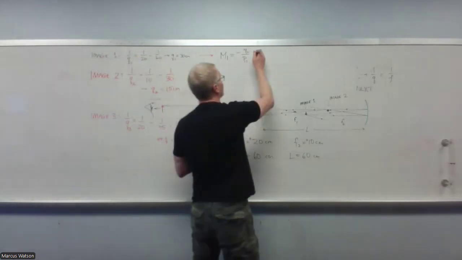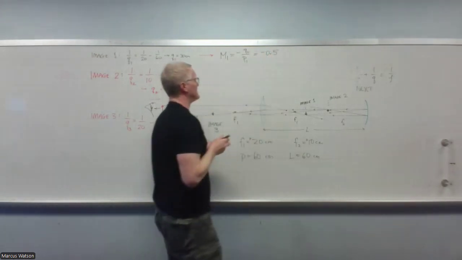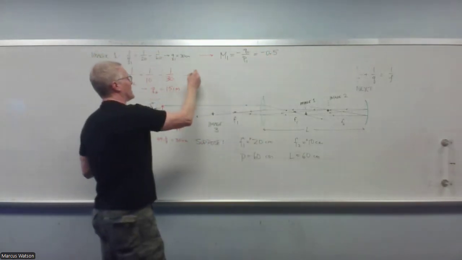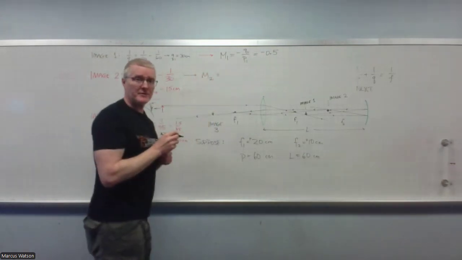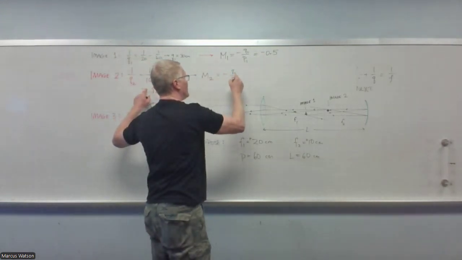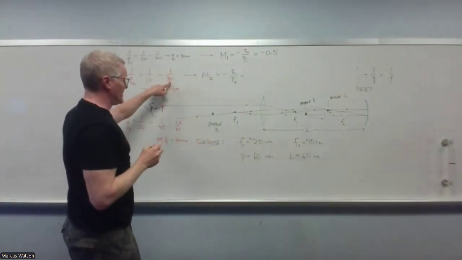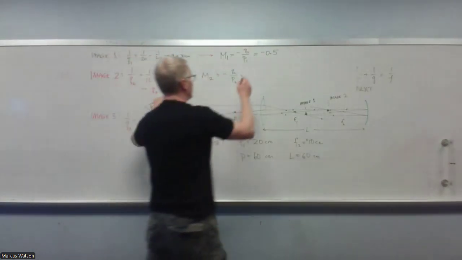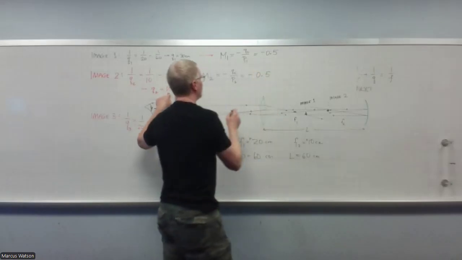So yes, in fact, this is negative a half for the first one. Here for M2, again, negative Q over P, Q2 over P2, and P2 is 30. Q2 is 15, so this becomes 15 over 30. Yep, again, it's a half.